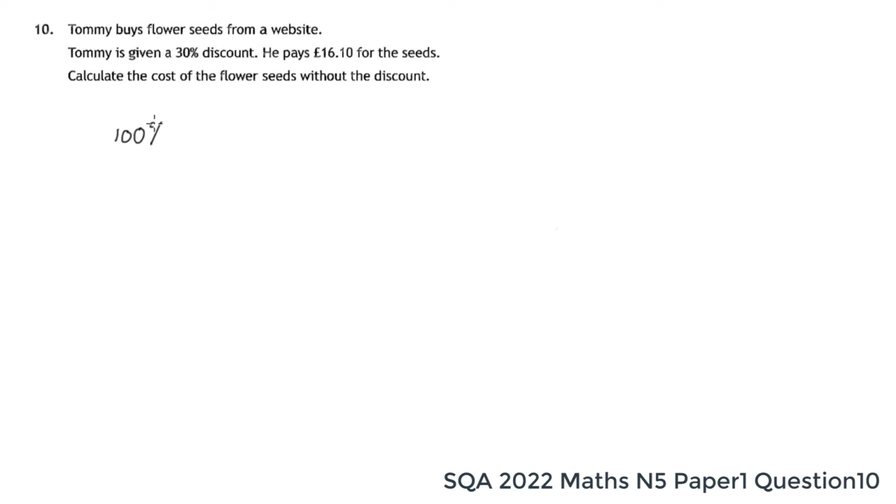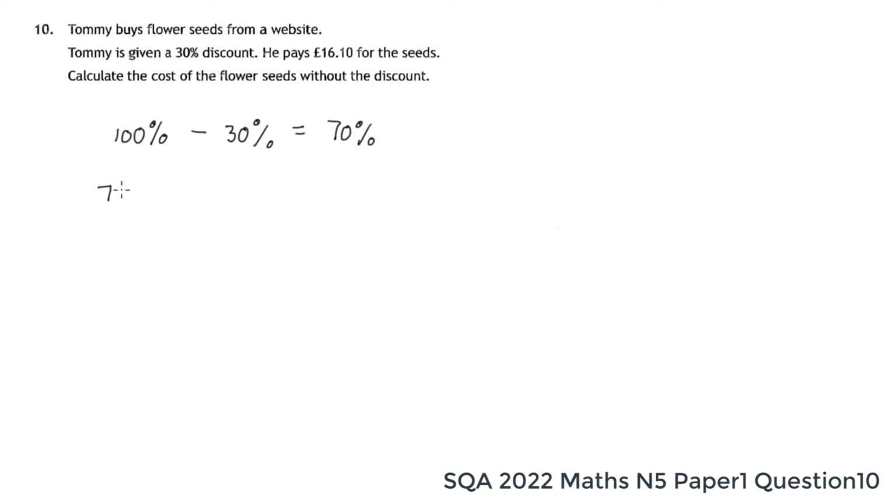We want to know what 100% of the price is. See, with this 30% discount, he gets 30% off. In other words, he's only paying 70% of the full price. That's what a 30% discount would mean.